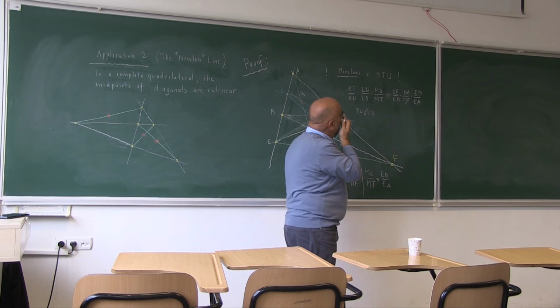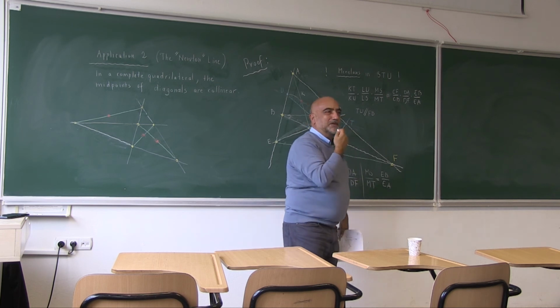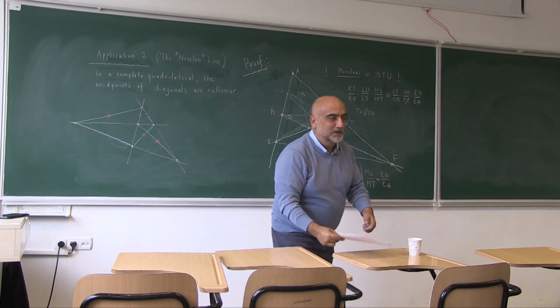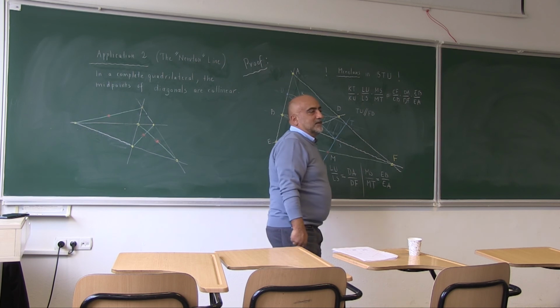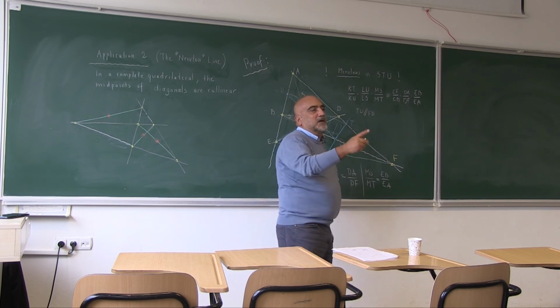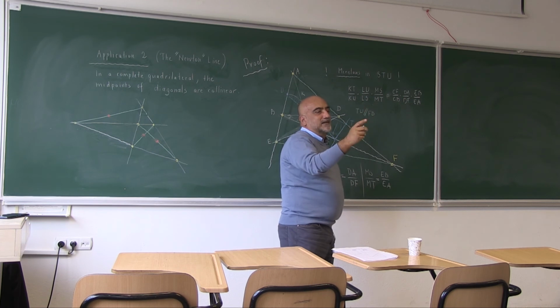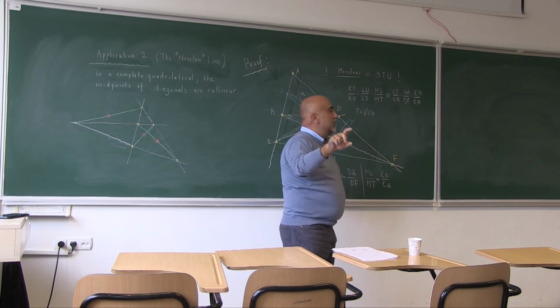Okay, so what can I say about this quantity? Well, you see, do you remember our numerical formula? It was XA to XB, YC to YA. So in every quotient, the second letters refer to the triangle.